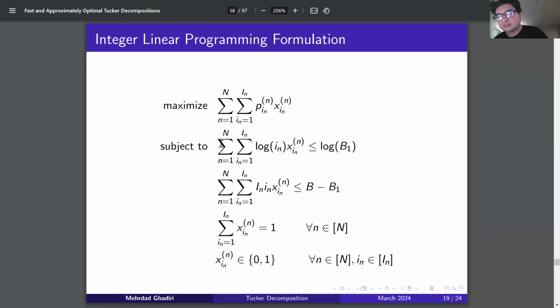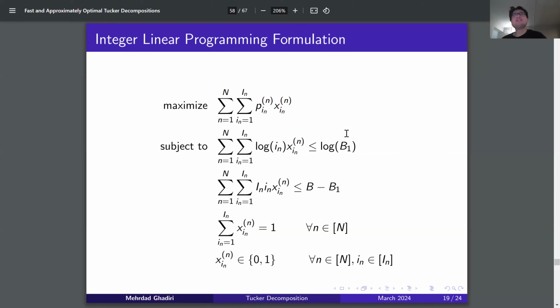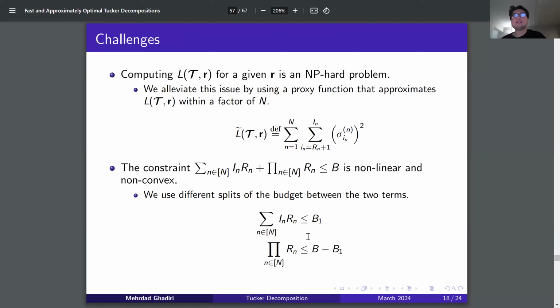Go ahead. So I did not understand what x_in is. It's the singular values. No, the sigma_in are the singular values. So what's x_in exactly? x_in are just my variables in this optimization problem. I want to solve an optimization problem. So okay, let's go back to this. What is this problem? I want to pick a bunch of tails of these singular values, right? Like if you look at this proxy function.